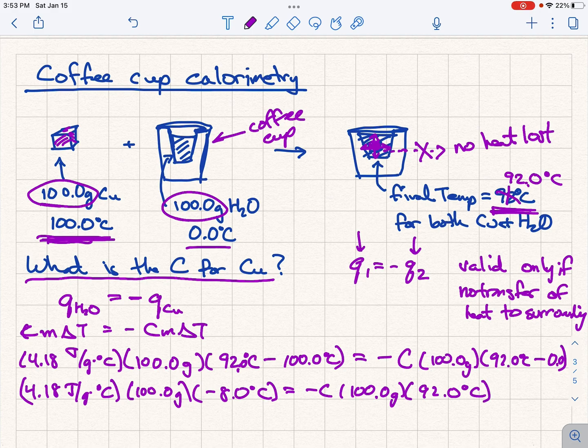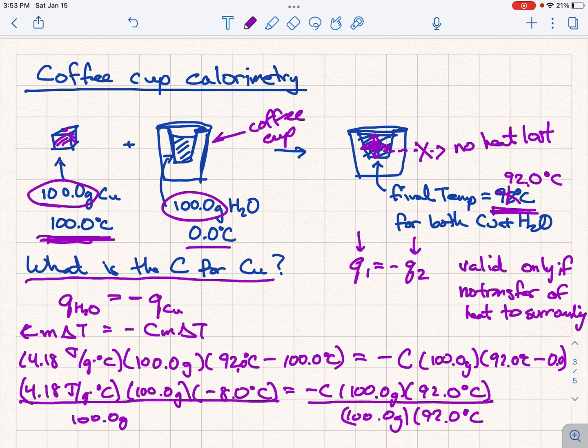All right, so now we're trying to isolate the C over here. So we're going to divide both sides by the 100 grams times the 92. And if you wanted to simplify before you did this, you're certainly welcome to do so. It probably would have made this easier, but oh well.